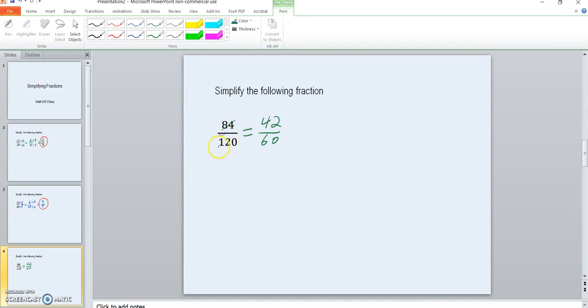So you could cross that out if you wanted, or you could just write equals and then simplify it here. Now this one can be simplified even further. I'm going to divide it by 2 again. So 60 divided by 2 is 30, and 42 divided by 2 is 21.